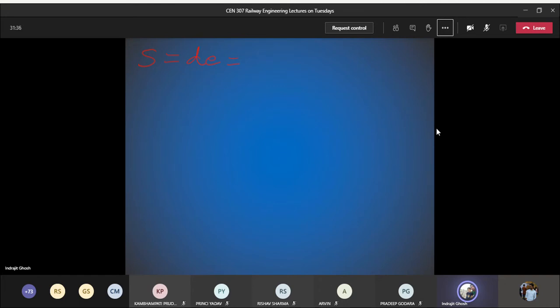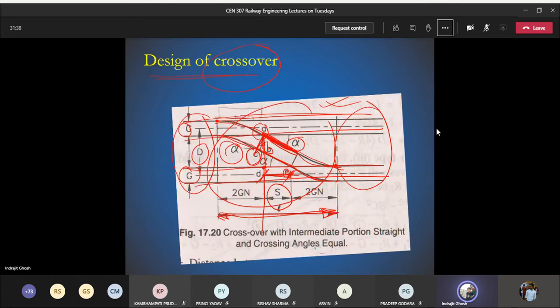Try to see. Crossing angle, we know it is either alpha or it is represented in terms of N. So what can we say in terms of alpha? S is DE.